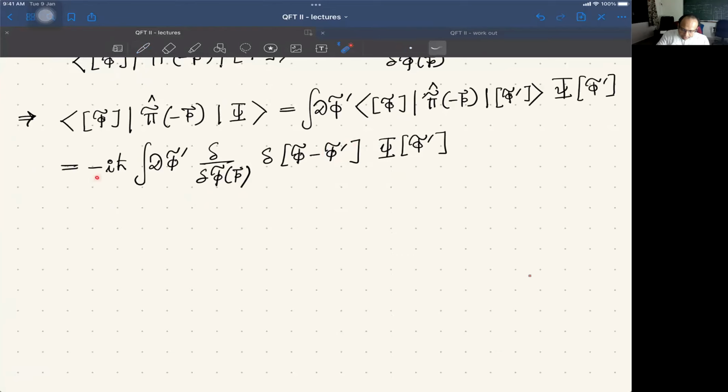So this is all about the Schrodinger representation of the QFT, and now I will give an exercise to apply this framework to the particular case of Klein-Gordon theory. So exercise: Klein-Gordon theory.